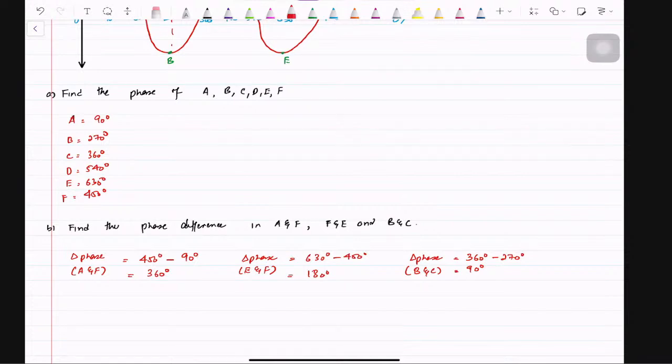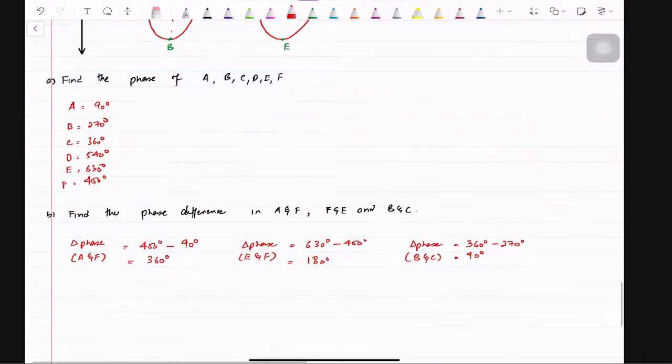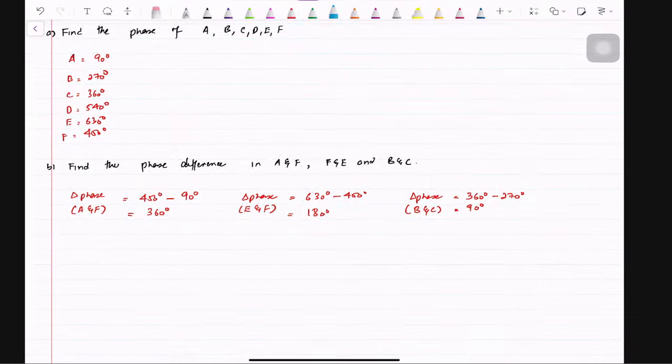What I need to tell you is that if you have a difference of 360 degrees, we call these points in phase. In phase is basically any multiple of 0, 360, and then 720, and so on. When there's a difference of 180, we call this anti-phase. I'll tell you what it means in a bit.